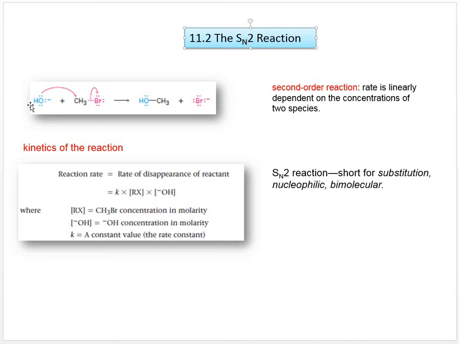And if we look at the stoichiometric coefficients 1 to 1, I'm going to write the powers as 1 and 1. If you add up the powers, 1 plus 1 is equal to 2. So these types of reactions are called second order reactions because the summation of the powers equals 2.